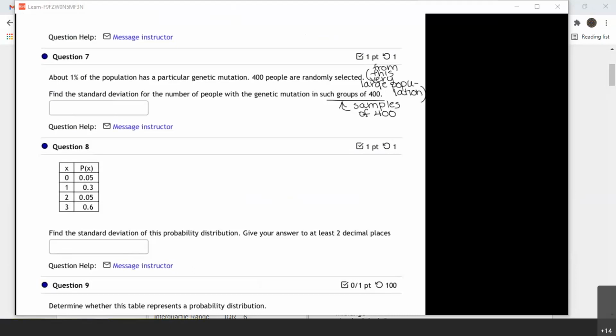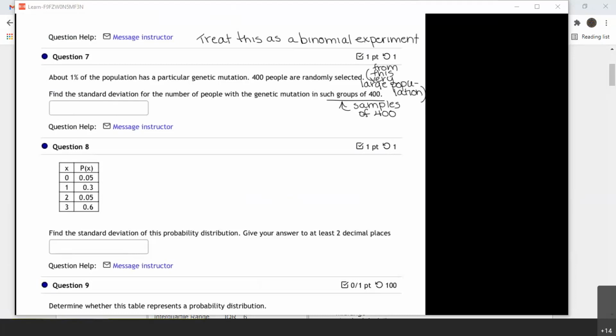So I can treat this as a binomial experiment. I'm going to select samples of 400, a whole bunch of them, and because the population is assumed to be large enough, the fact that I picked 400 out of it, without replacement, is not going to affect the probability of me picking someone with a mutation.